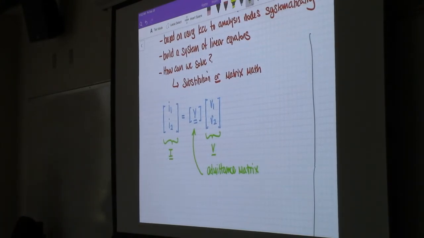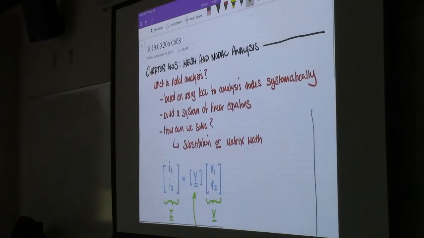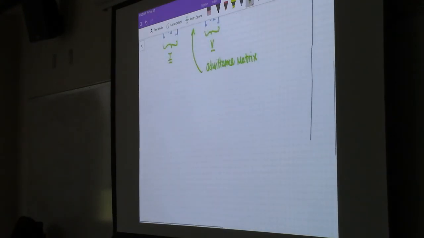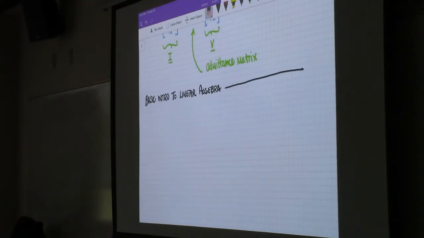Okay, so first things first, let me spend a second talking about linear algebra. I'm going to try to do this as efficiently as possible.